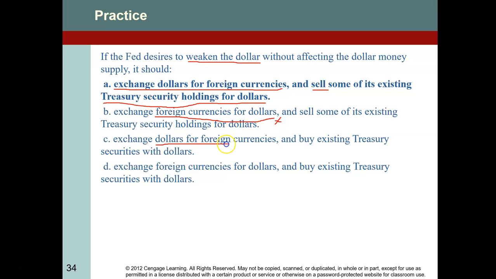Option C, the first part is correct. Exchanging dollars for foreign currencies and buy existing Treasury securities with dollars. Okay, so we're already selling dollars. We're already reducing our dollar reserves. If we keep buying Treasury securities with dollars, it's going to continue letting the dollar reserve go down. So this is not correct.